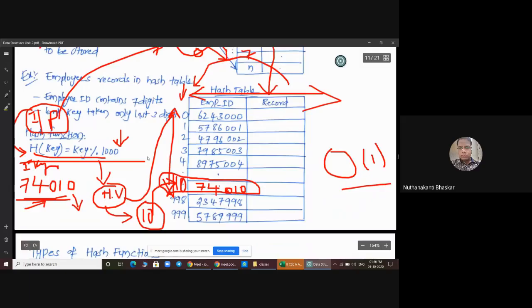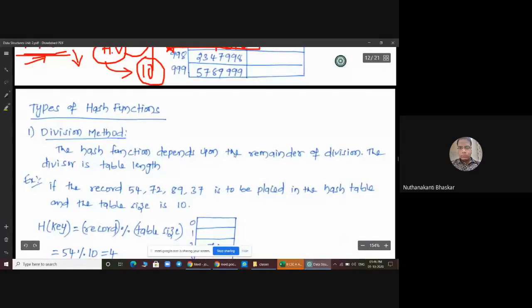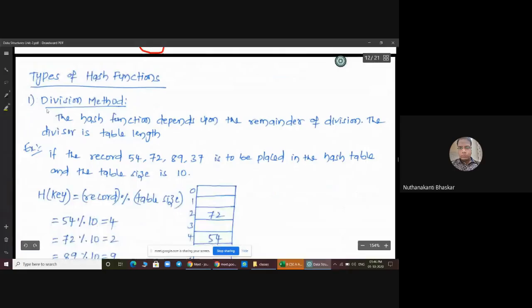That's why we basically have four types of hash functions. Today we are going to understand these hash functions. The first one is the division method, a very easy method.